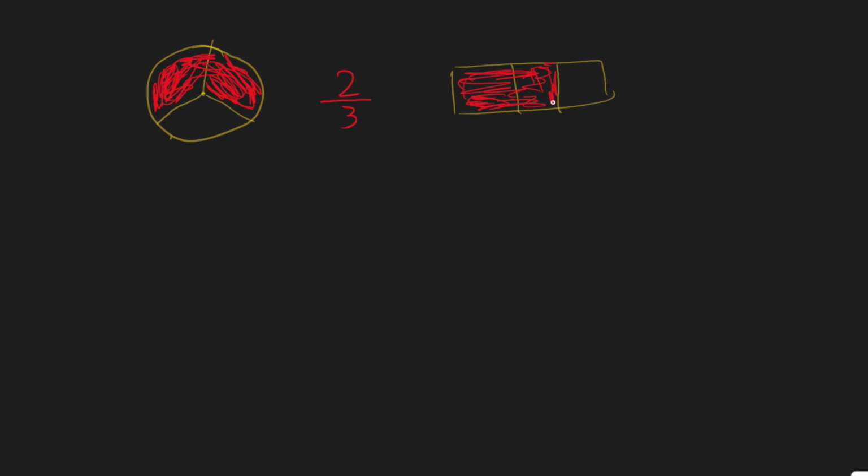I want you to give a fraction of the colored part with respect to all the parts. So still we get 1, 2, and 3 total, which is over 3, but at the same time the colored parts are 1 and 2. So these are the parts that are colored, and you put the 2 on top in the numerator and the 3 at the bottom, which is the total.